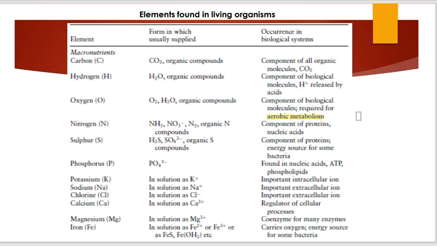We have sodium, which is important as an extracellular ion, as well as chlorine. Then we have calcium, a regulator of cellular processes, as well as magnesium and iron. Those are the different elements that can be found in living organisms, as well as different microorganisms.